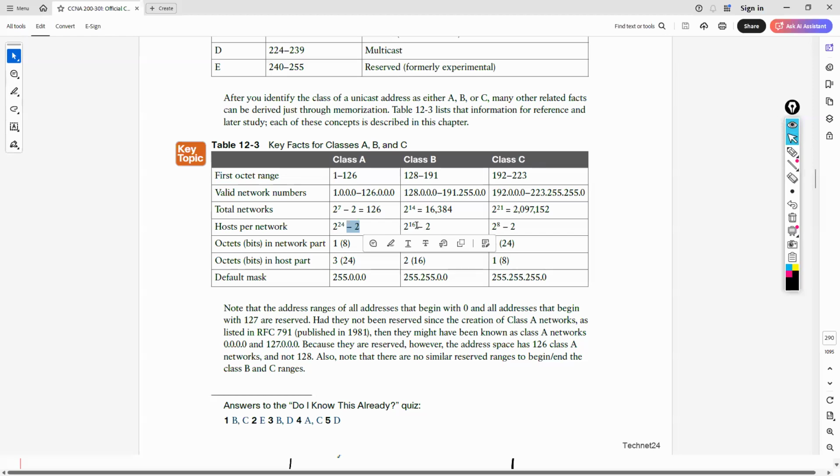Similarly, the broadcast IP address and the first IP address with 0.0 in class B cannot be assigned. That is why it is minus 2. In class C also, the first IP address which is 0 and the last IP address which is broadcast 255 cannot be assigned. So minus 2, and minus 2.